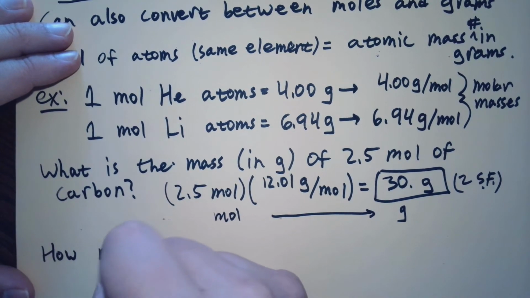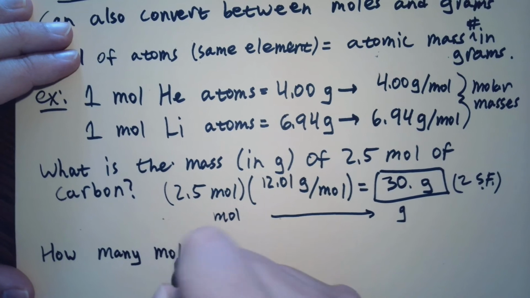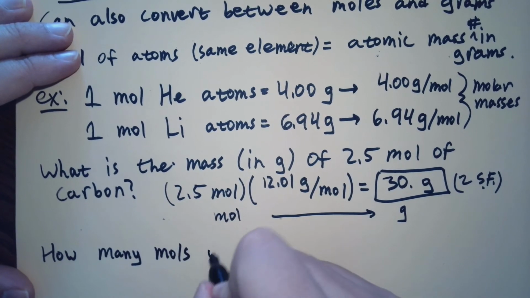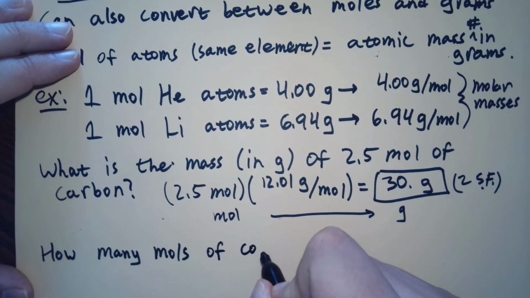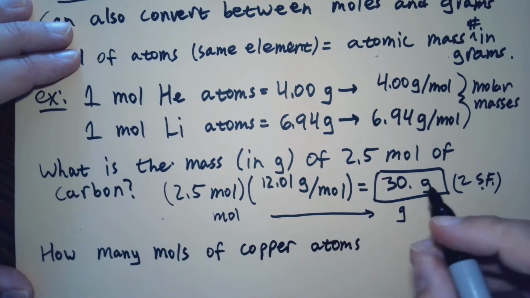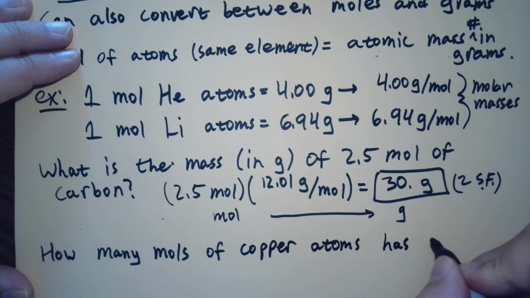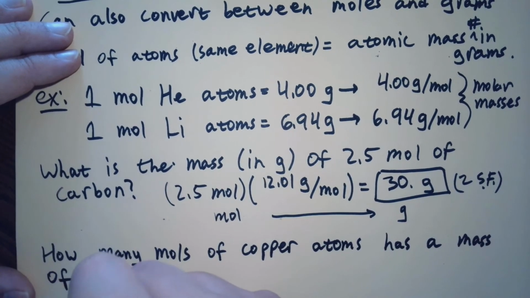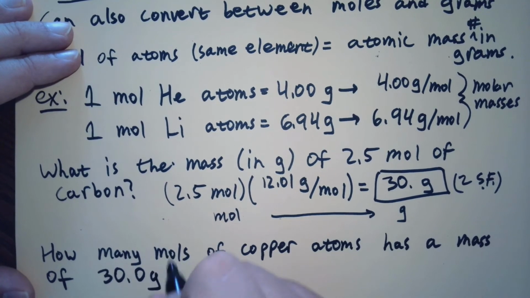How many moles of copper atoms has a mass of 30.0 grams?